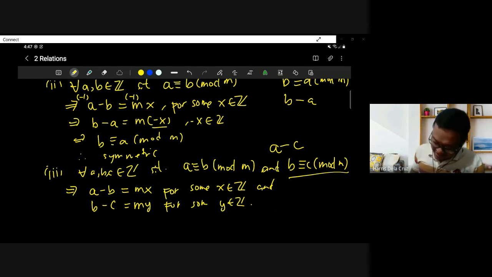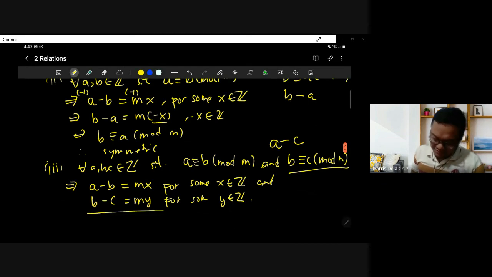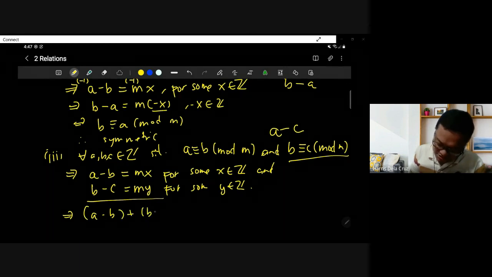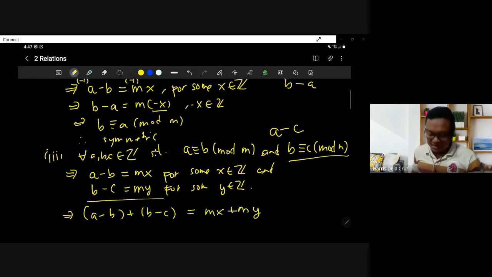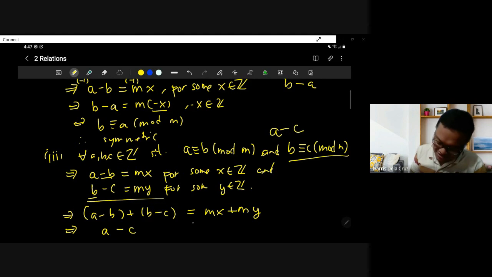Well, pag tiningnan natin itong equation na to, pwede natin i-add yan. Because we can add equations, di ba? A minus B plus B minus C ay equal lang sa MX plus MY. Kasi, nakita ko na negative yung B dito, positive yung B dito. Pag inadd mo yan, cancel yan. Ang natira, A minus C is equal to M times X plus Y, factored out by the distributive property of the real numbers.